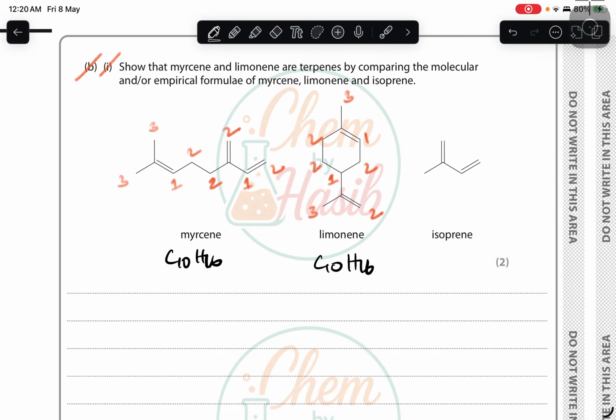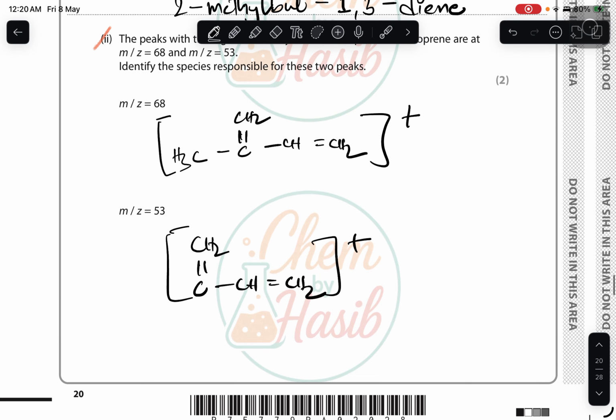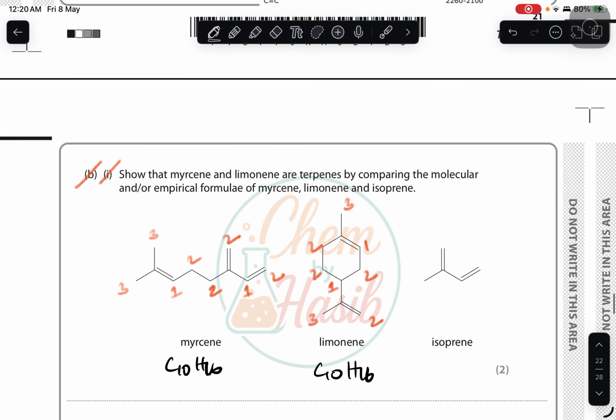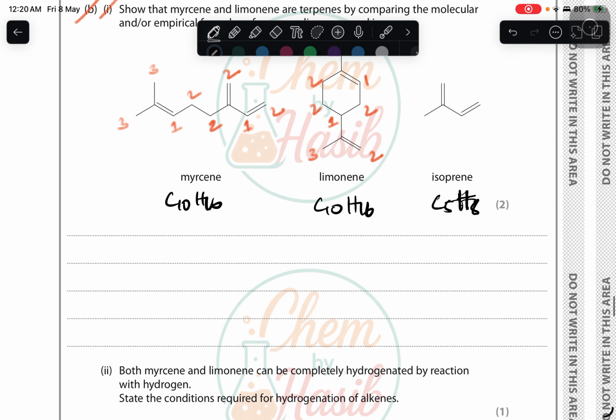Now let us look at the molecular formula of isoprene. We already found the molecular formula of isoprene. The molecular formula of isoprene was found to be C5H8, right? This is C5H8, right? So now the empirical formula.